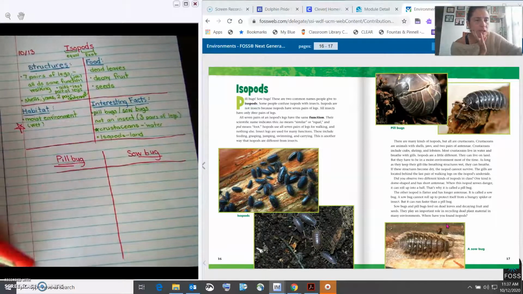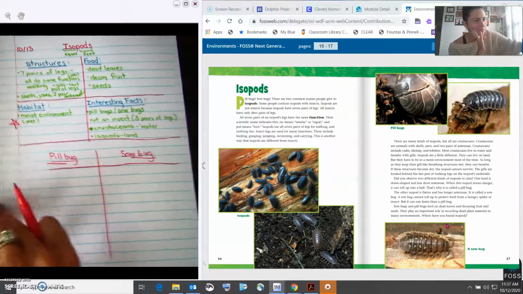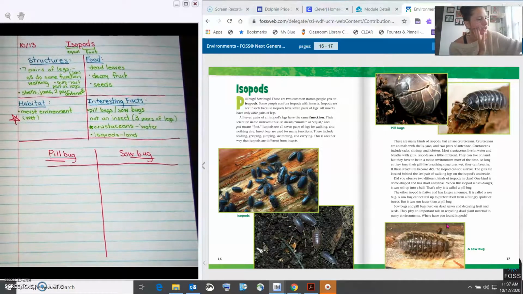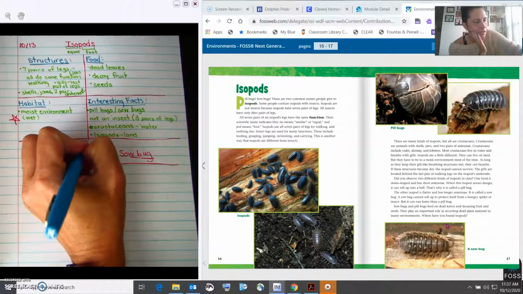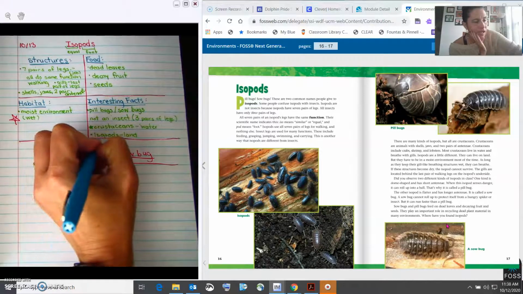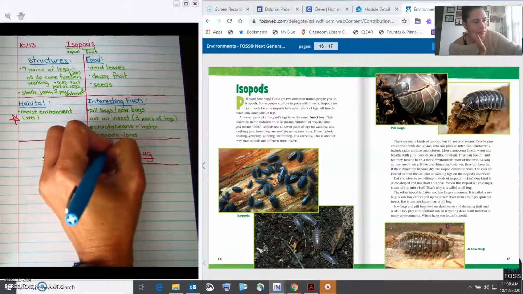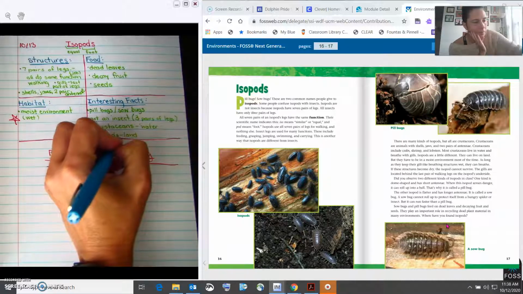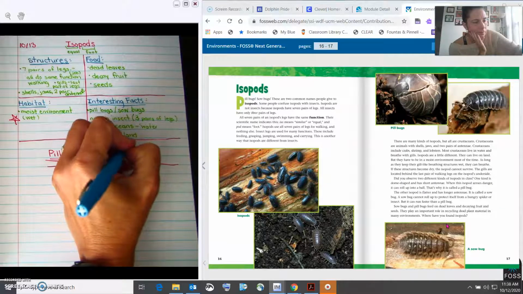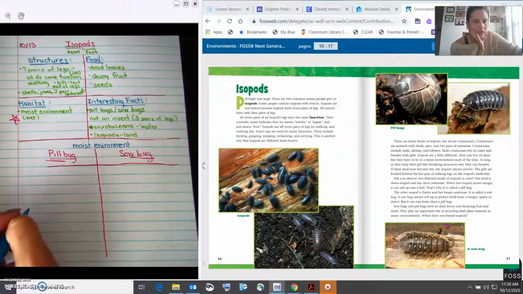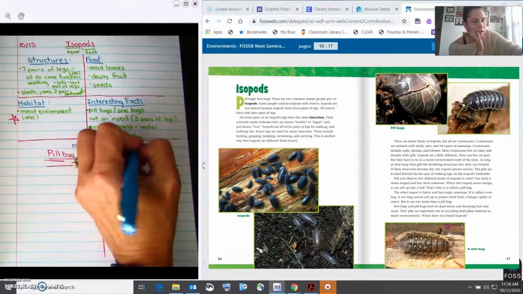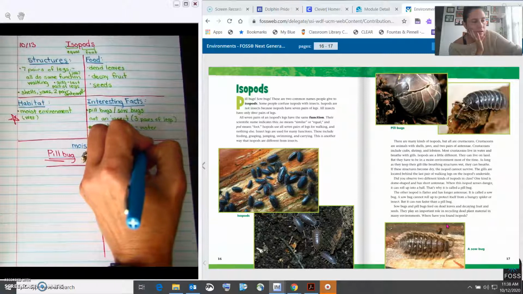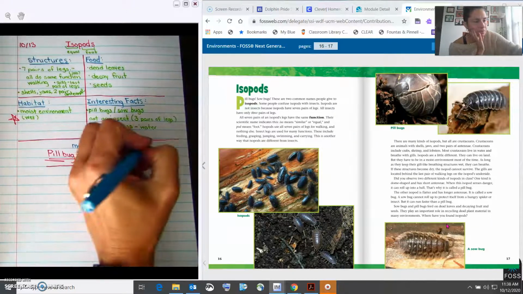So I'm going to put that up here. They both need a moist environment because they have to keep the gills wet. Okay, and that's for the gills. And that's how they breathe.